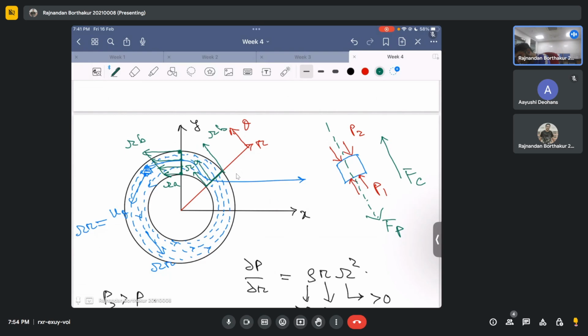The other velocities should always be tangential to the streamlines, as we have already seen, since the tangent to a streamline gives the direction of the velocity field. So this is how the velocity field would look, and of course you can see this is rigid body rotation, because the velocity field just prevails around the theta direction without changing the shape of the fluid element. All right, guys, I hope this is clear.